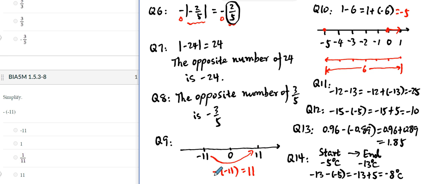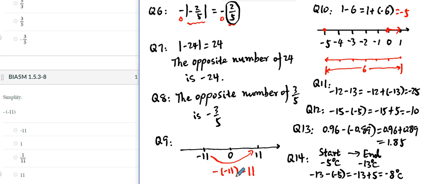If we put a negative sign in front of this negative number 11, then it's basically to find the inverse of negative 11, which will give us positive 11. So that's different. Negative negative is positive.